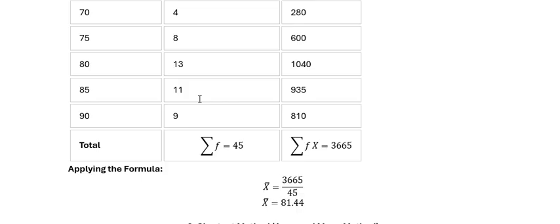The sigma fx value is calculated as 3665 and divided by the number of students, that is sigma f, which is 45. After dividing this, you will get 81.44. So the mean in this question is 81.44.